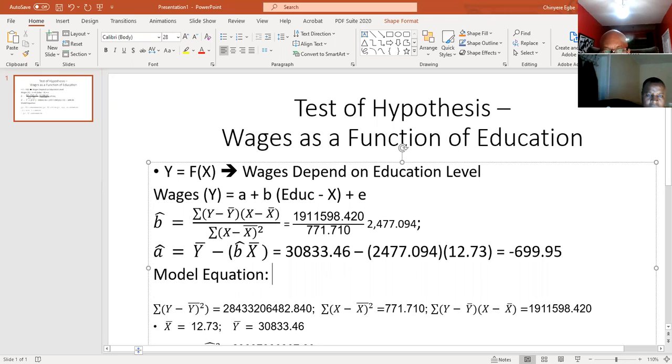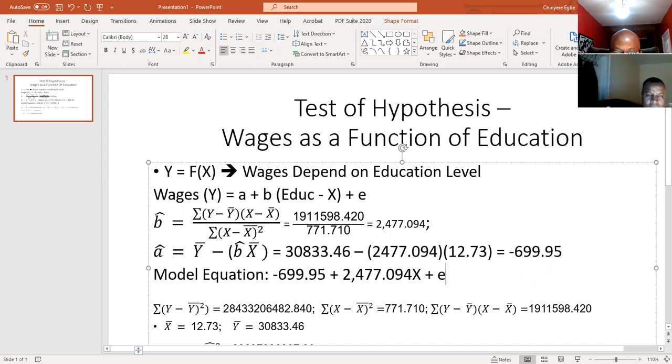Remember that the model is A plus B times X. So A hat is minus 699.95 plus, because 2477 from our calculation is a positive number, plus 2477.094 times X.